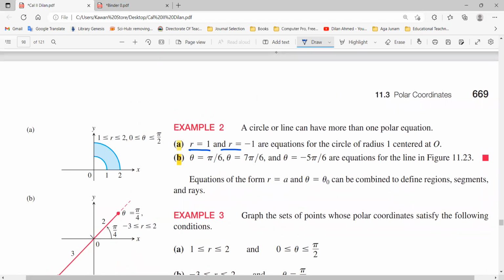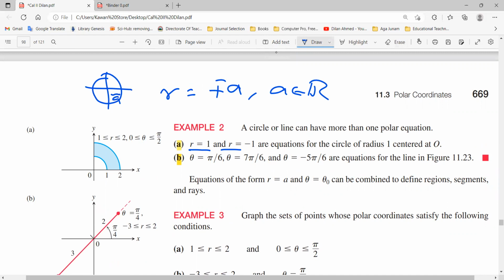And in the previous one, r equal to a, the minus or negative a does not make a change. So in that case, r is equal to positive or negative a, where a is any real number. So you will get a circle with radius a.